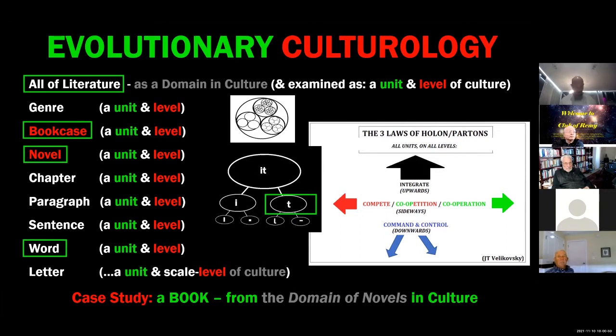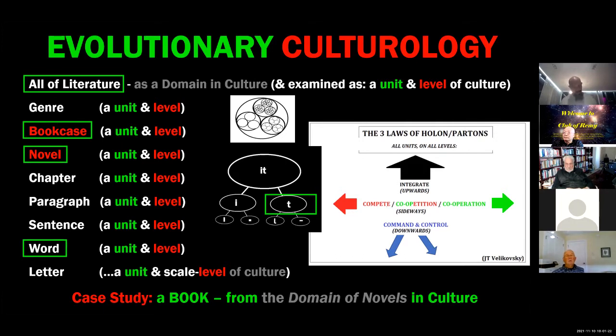Then the larger unit, the larger holon or parton, is the genre of that novel, whether it's sci-fi or Western or romance. And then we have all novels, all books as one unit of culture using these three laws. And you could go down and you could go sideways with those laws. I just use integrate upwards to work our way up to the top. So that's just one example of a case study of a novel.